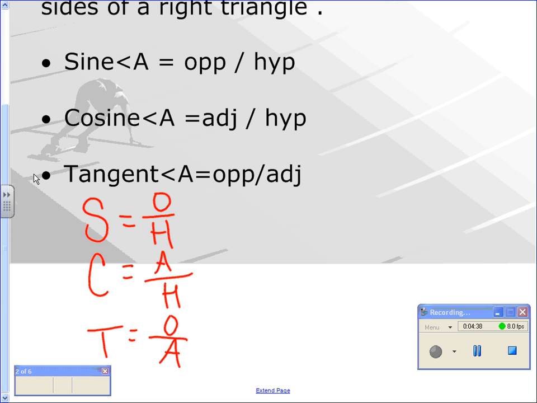You need to learn those three proportions. You can write it like that if you want. You need to learn them.